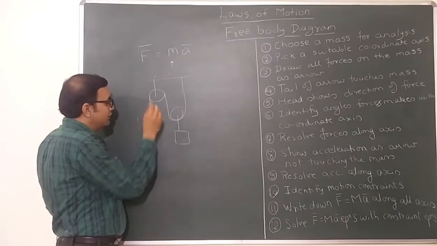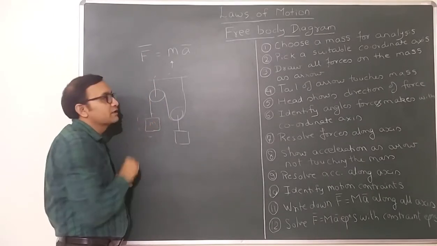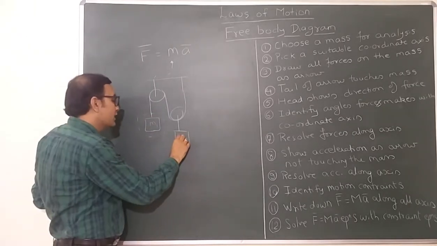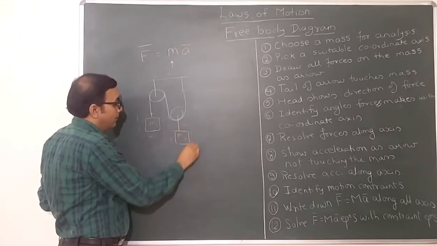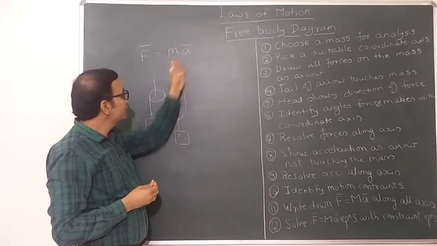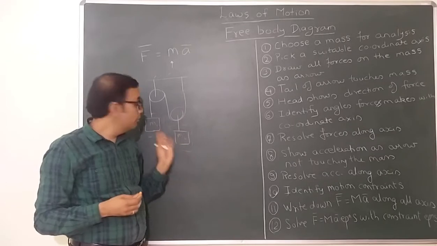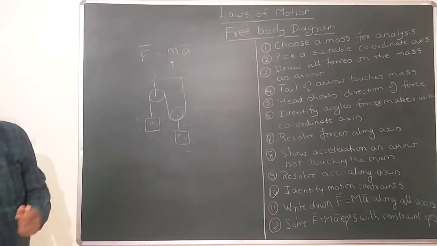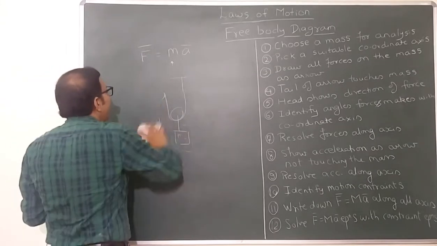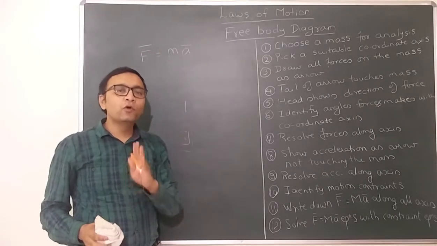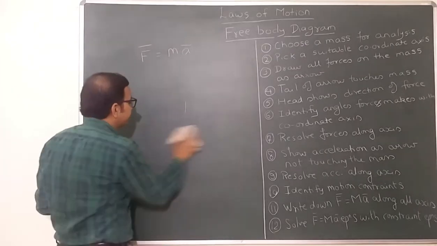First I choose, suppose, the m1 mass, and I'll follow all these steps. Then I'll choose the m2 mass and follow all these steps, because this equation can't be applied to both m1 and m2 together. So step number 1 is pretty clear. You have to choose which mass you want to analyze.